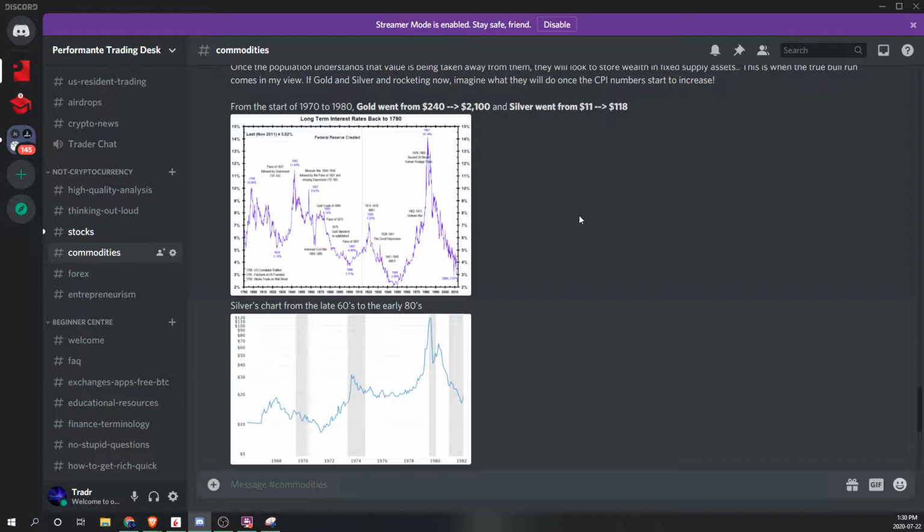It depends if you're swing trading or if you're investing, but if you carry actual bullion and you're looking for a metal bull run, that would be extremely significant.